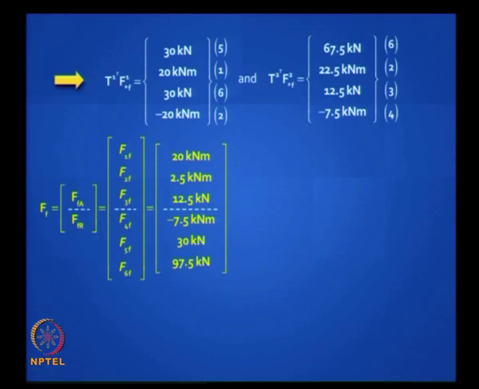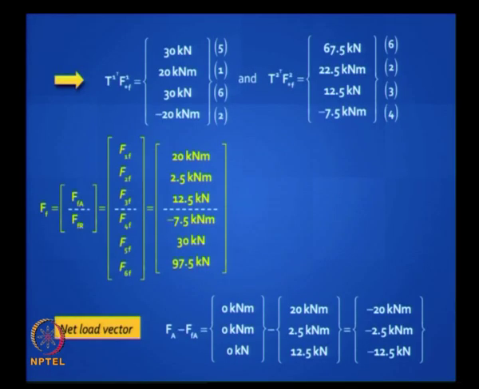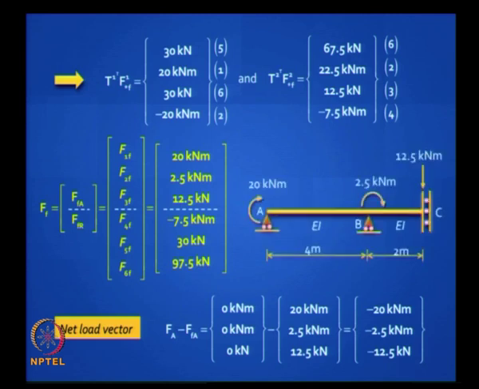What do we do next? You find the net, the resultant load vector, which is Fa minus Ff. Fa in this case is 0, it is a null vector because you do not have any nodal loads in this particular problem, and so you can find the resultant force, and you can even draw a sketch to tell you exactly what is happening.